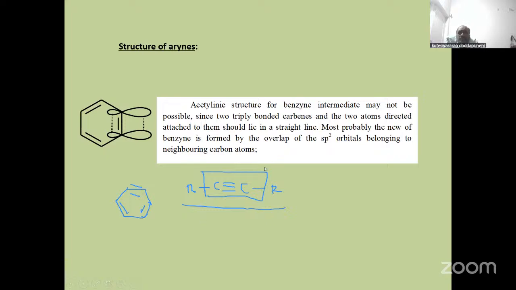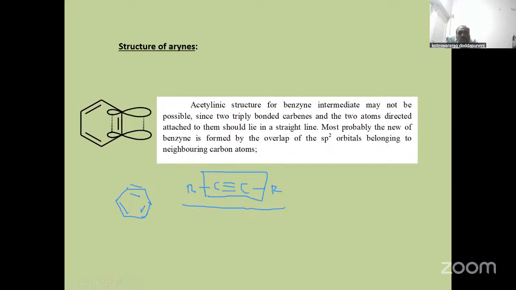But in the case of benzyne, this acetylenic structure of a benzyne intermediate may not be possible, since the two triply bonded carbons and the two atoms directly attached to them should lie on a straight line, just like this. Most probably, the new bond in benzyne is formed by the overlapping of sp2 orbitals belonging to the neighboring carbon atoms.